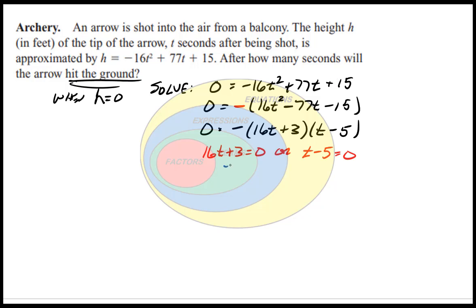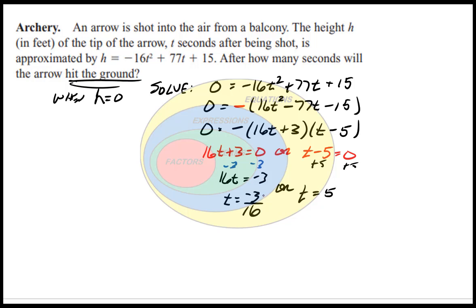So again, just solving, the factor on the left, we're getting 16t equals negative 3, or t equals negative 3 over 16. Or adding 5 to both sides here, we get t equals 5. And again, we're looking for how many seconds in time.